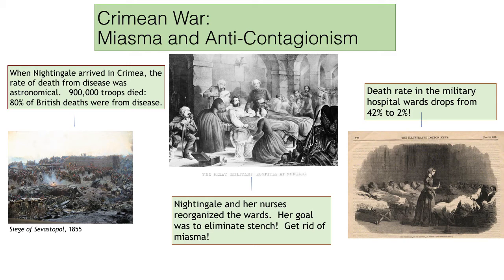The death rate in the military hospital wards indeed dropped from 42% to 2%, so a very large drop, which she associated with ridding the wards of miasma, but which we know today would have been because she was actually ridding the wards of germs.